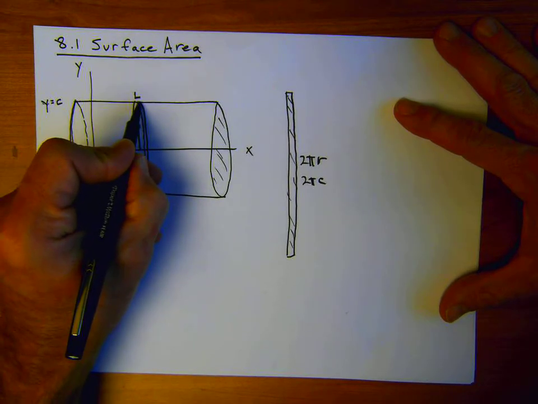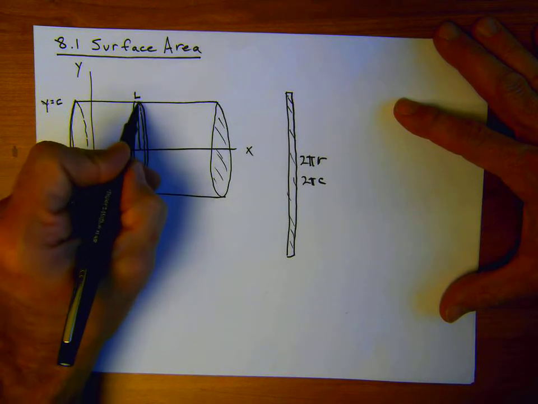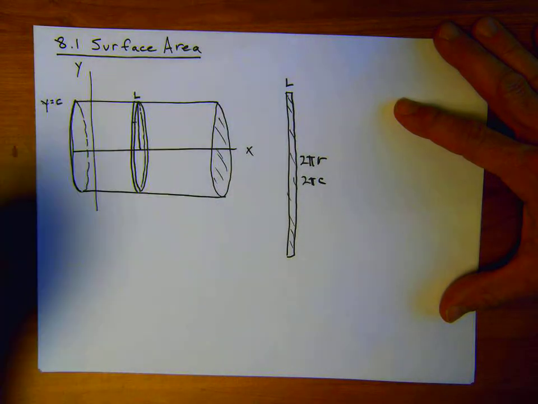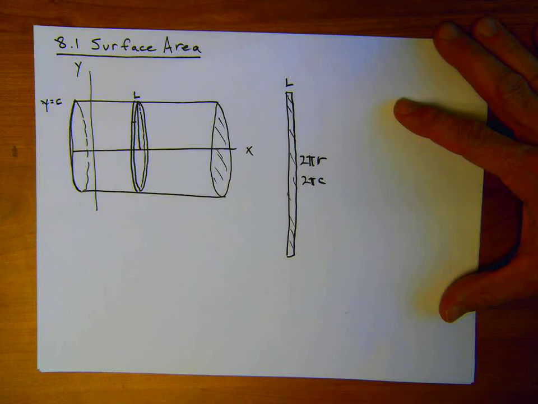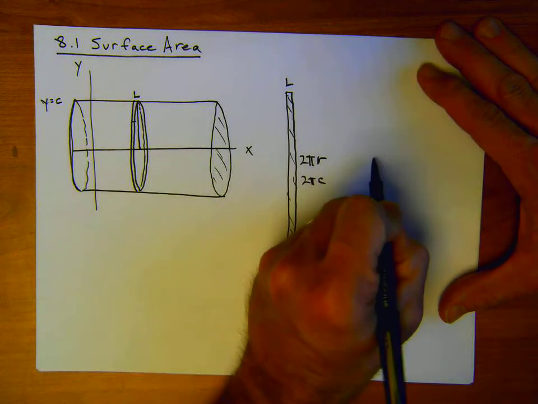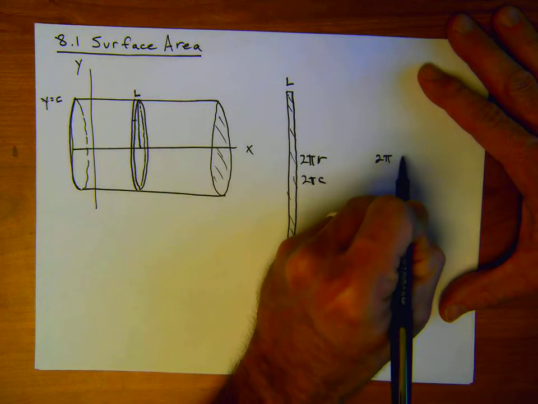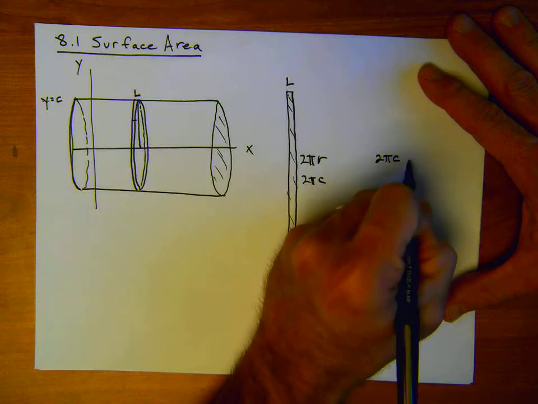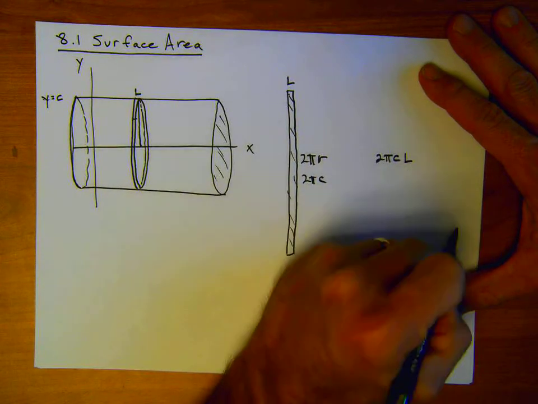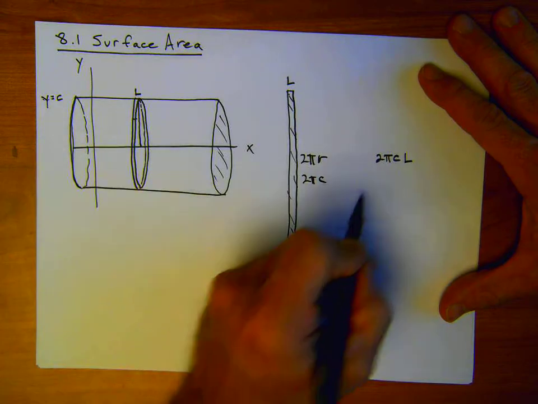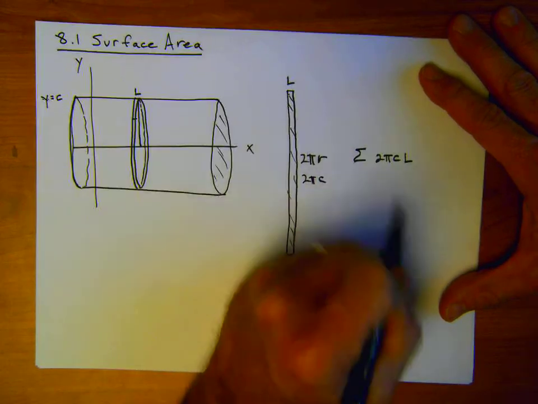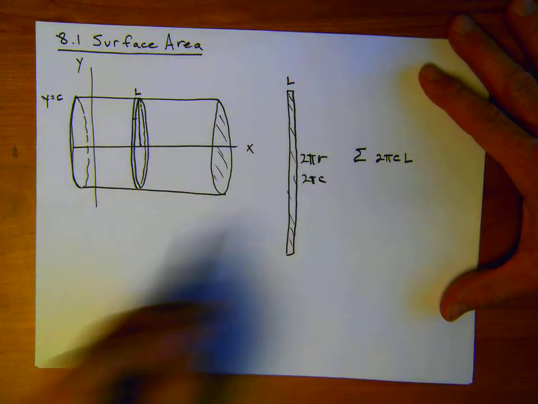So this would be a slice of length L, and so the area then would be 2 pi c times L. And then we would add all those up. That's our summation notation to say that we would add all of those up.